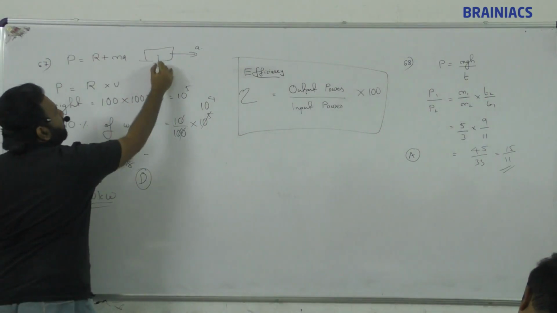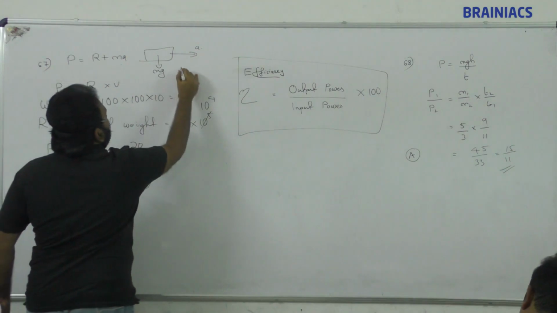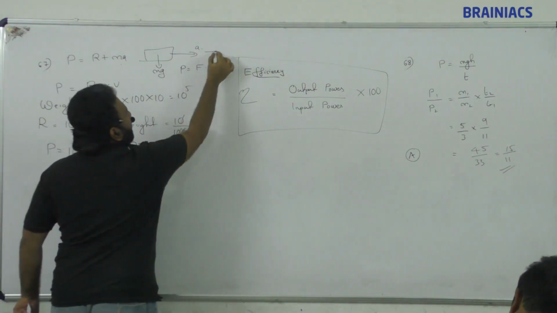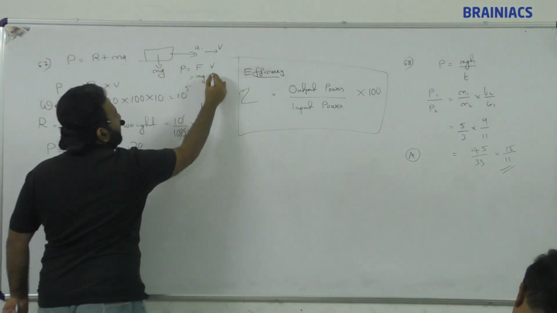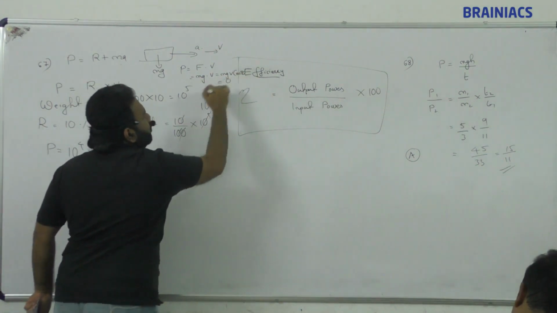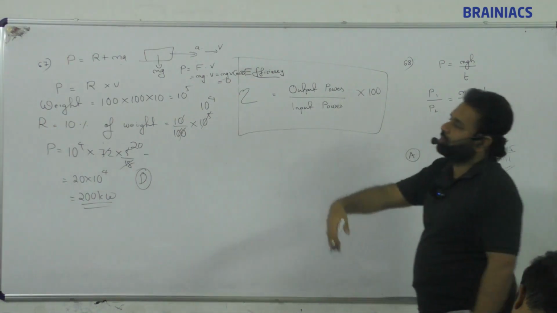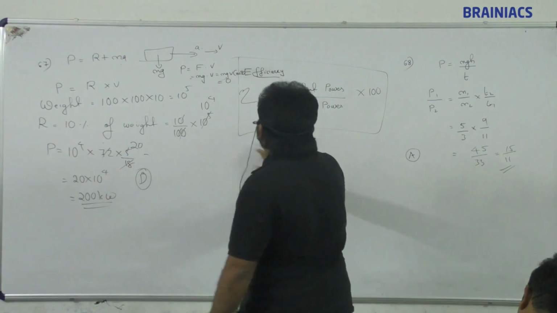But the problem is when we try to consider mg, power is equal to force dot velocity. If the velocity is in this direction and mg is in this direction, then mg dot v is nothing but mg v cos 90. This is going to be 0. Clear or what? So always we can take force like this. Clear? Understood? Okay. Thank you so much for pointing this out.